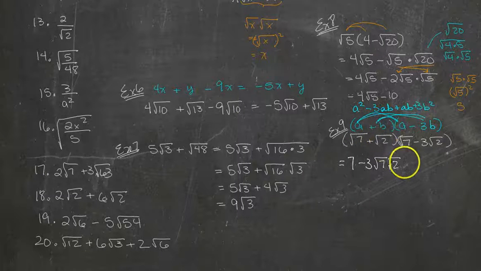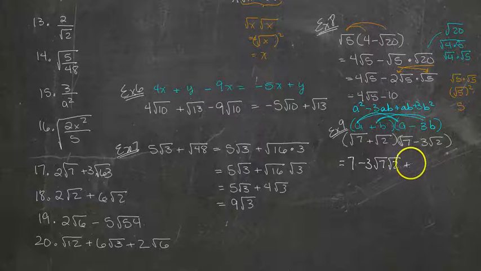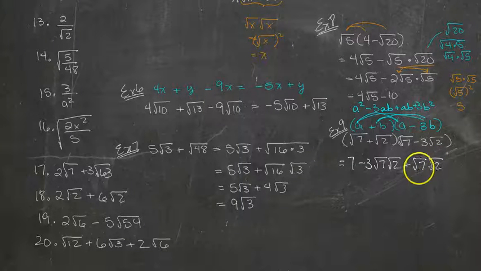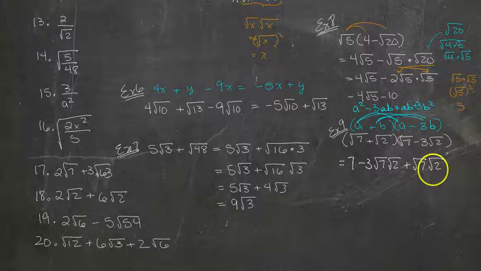So root 2 times root 7, well, that's going to be plus root 7 times root 2, because remember, multiplication is commutative. It doesn't matter which one I multiply first or which order I take them. Factors multiply to give you the same value. Then the last term would be square root of 2 times minus 3 root 2, and this is going to be squared.